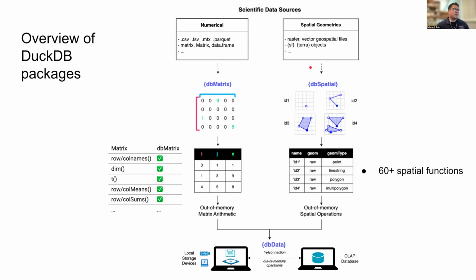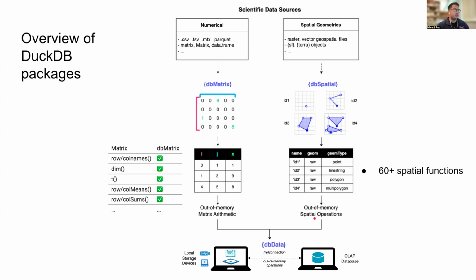We're also really interested, obviously, in doing things with spatial data. So how do we actually work with the largest geospatial files that are out there? What we've also been working on is a package called DB Spatial that is able to read in a variety of geospatial file formats, as well as our spatial objects from sf and terra, and construct database representations of these based largely off the DuckDB spatial extension.